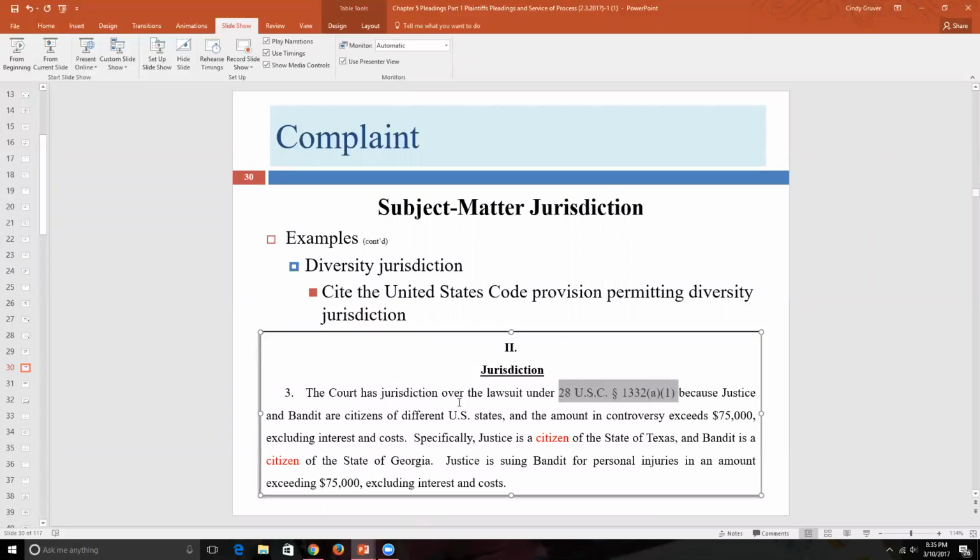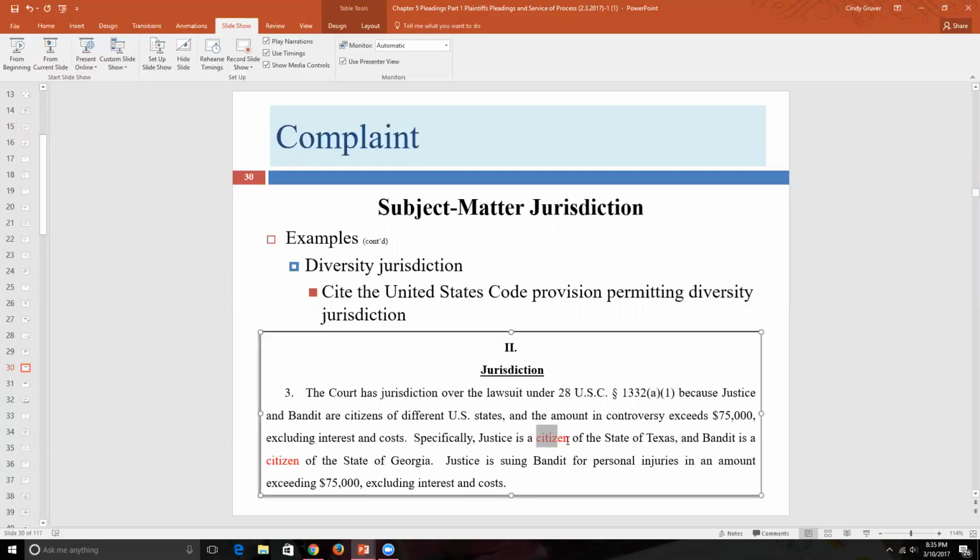So the court has jurisdiction over the lawsuit because of, again, this is the diversity statute, because Justice and Bennett are citizens of different U.S. states, and the amount in controversy exceeds $75,000, excluding interest and costs. Specifically, Justice is a citizen of the state of Texas, and Bennett is a citizen of the state of Georgia. Justice is suing Bennett for personal injuries in the amount exceeding $75,000, excluding interest and costs.